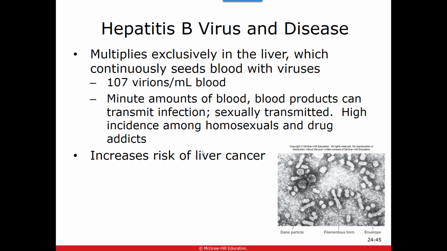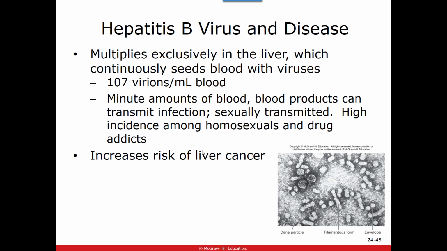Even the tiniest amounts of blood, needle sticks, anything can transmit this particular virus. So blood products are at the highest infectious rate. It can be sexually transmitted, and so usually the highest cases that we see of hepatitis B is among high-risk homosexuals, meaning they're not using condoms or safe sex, and drug addicts that are using needles.